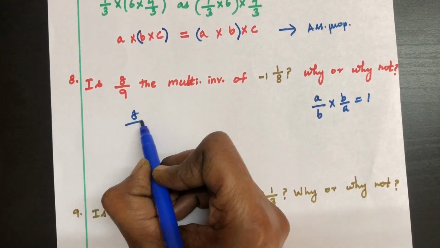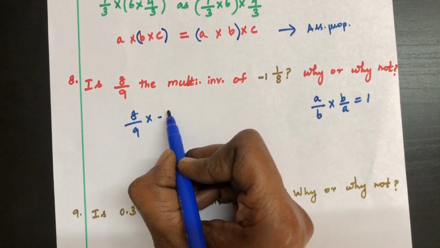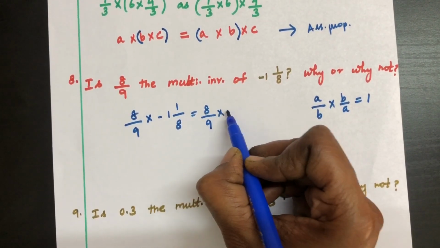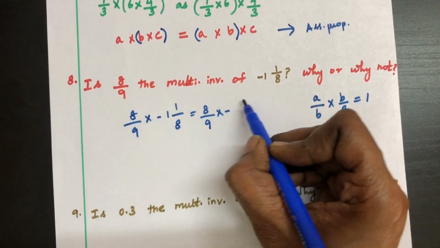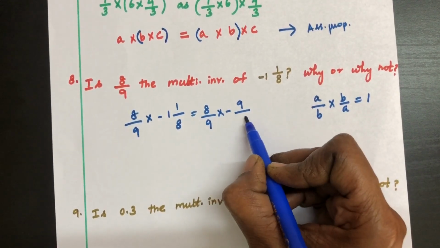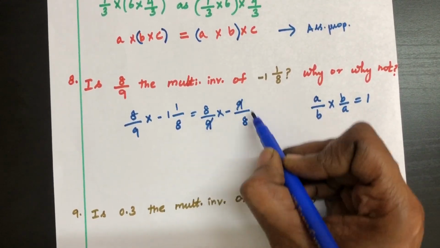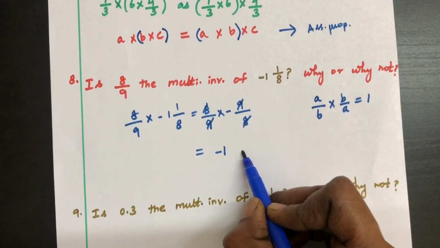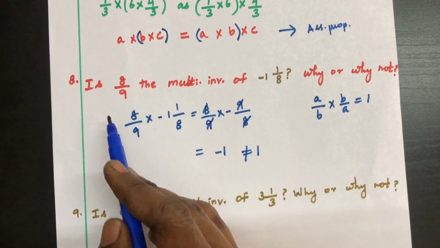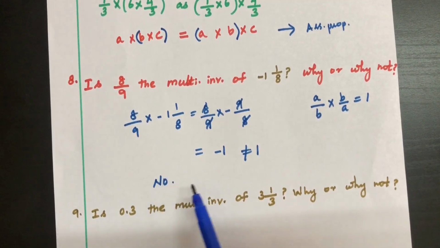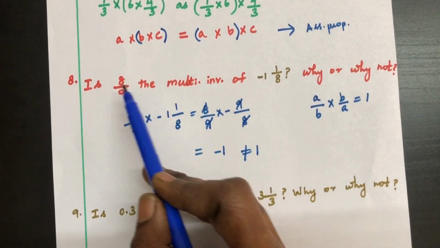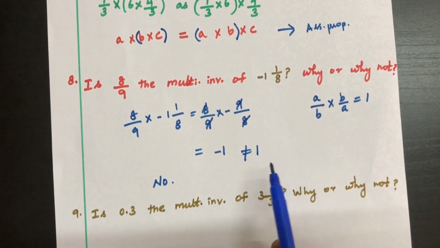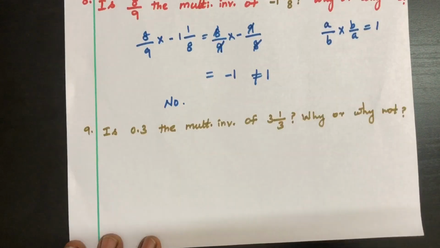Let's check. 8 by 9 into minus 1, 1 by 8, which is equal to 8 by 9 into minus, 8 ones are 8, 8 plus 1 is 9, divided by 8. So if we cancel, the answer is minus 1, not equal to 1. So the answer is no, because the multiplication of these two is not giving us positive 1. So it is not the multiplicative inverse.